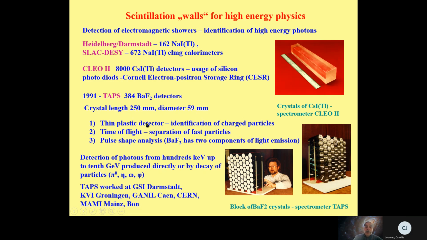It is also necessary to distinguish between neutral and charged particles. For this, it is possible to put some thin plastic detectors in front of the barium fluoride crystal for identification of charged particles. It is possible because barium fluoride has, if you remember, a very nice time resolution.